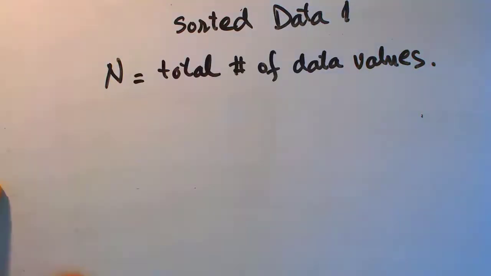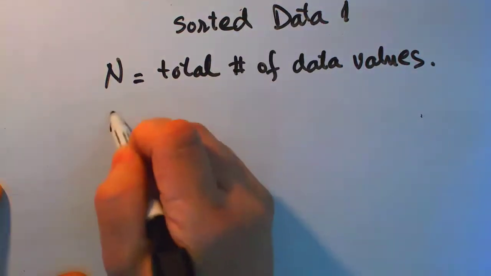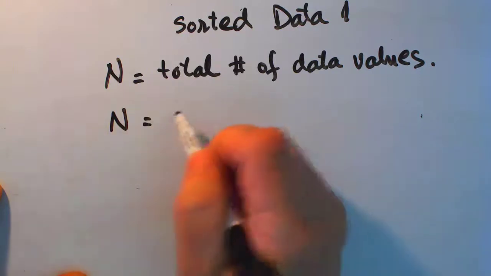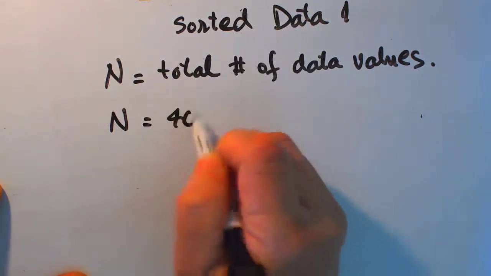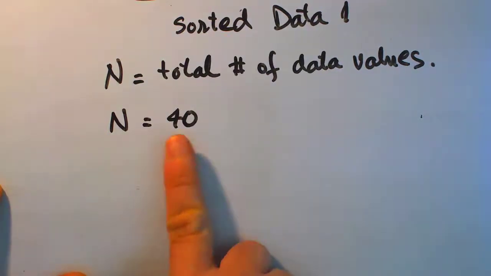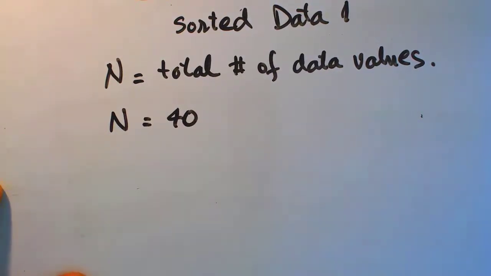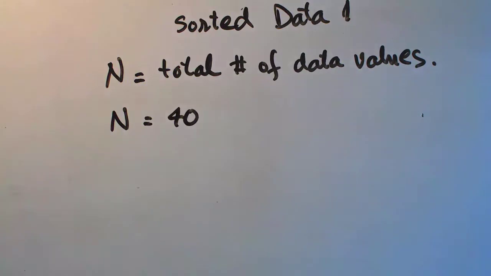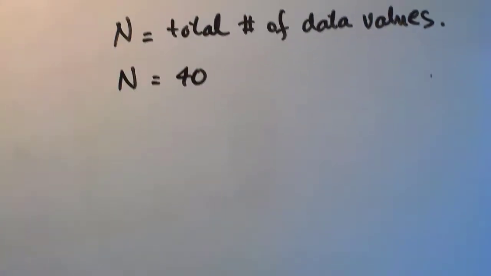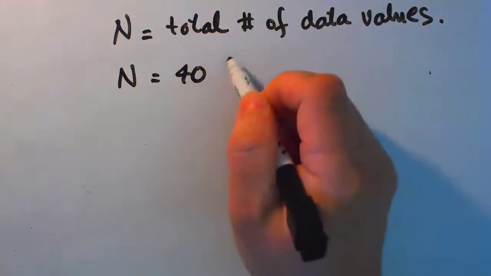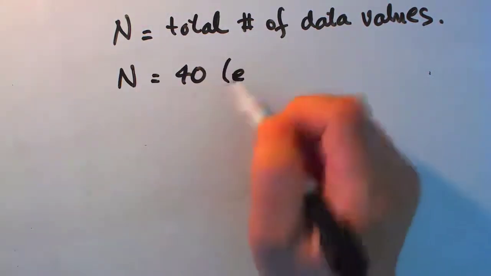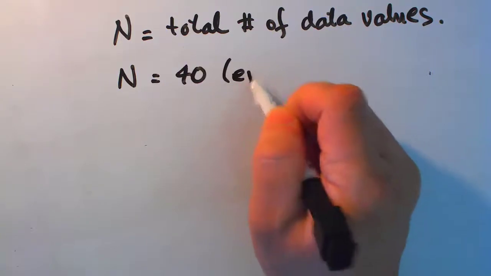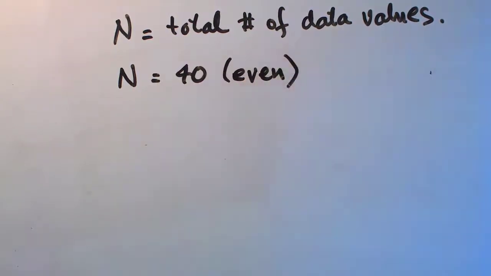And so in data 1, the N number, if you count together with me here, would be 40. Or in other words, we have 40 pieces of data values in data 1. And of course, at this point, yes, I agree that data 1 has the N number being 40, it is an even number.